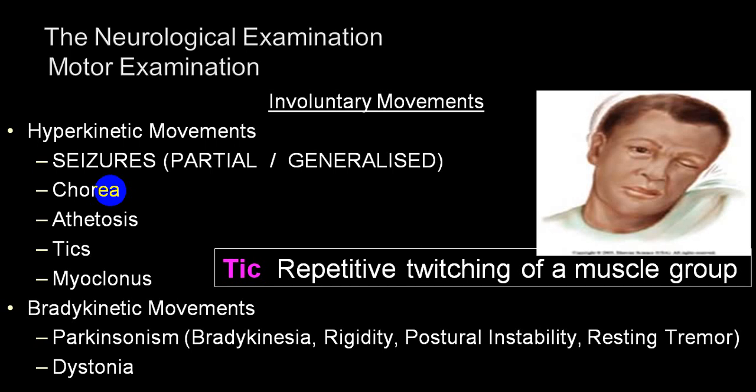Along with that, there will be rigidity, postural instability, and resting tremors. That will be very classically seen in case of Parkinsonism. We usually use the word TRAP, that is tremor, akinesia, rigidity, and postural instability. And in dystonia, there is one group of muscle which undergoes spasm. So that is dystonic disorders.